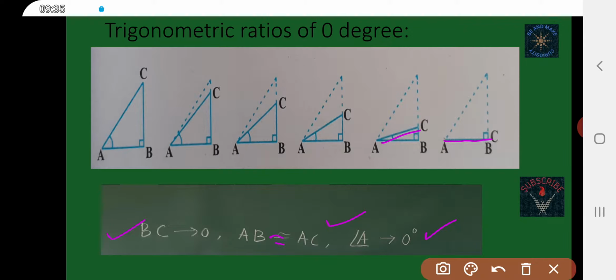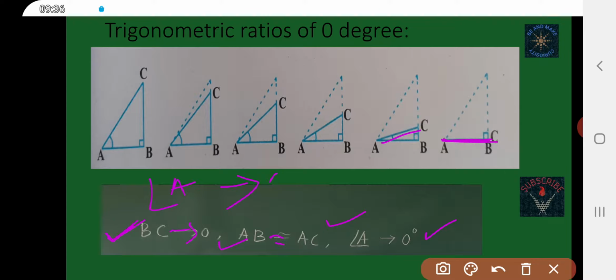So here you see BC tends to 0 when A tends to 0, and AB is approximately equal to what?